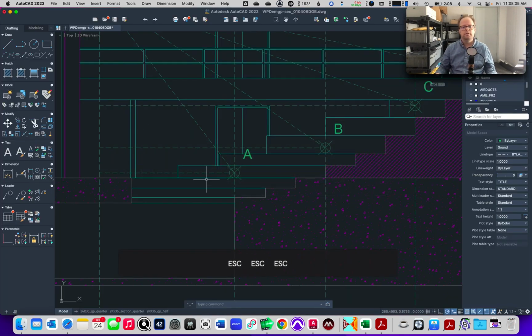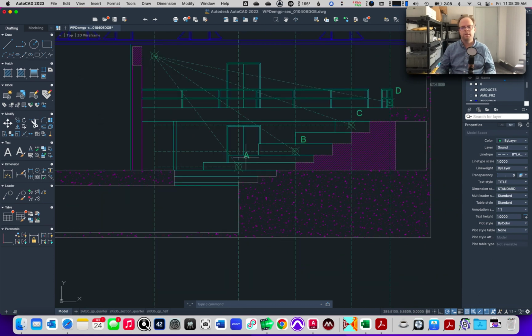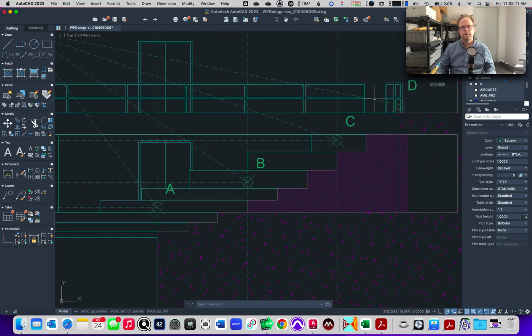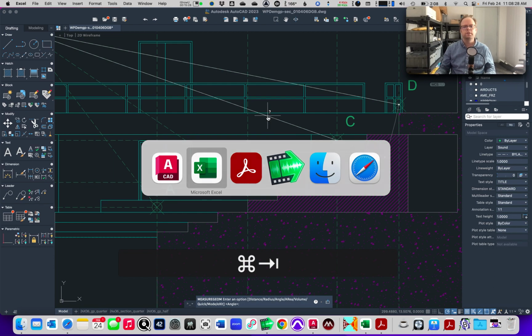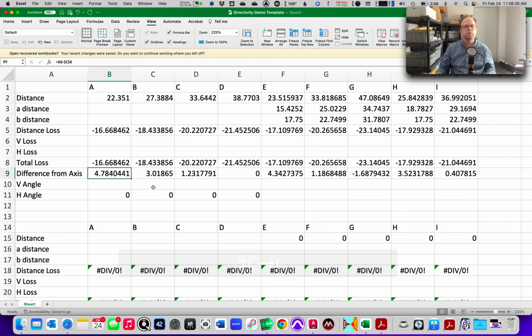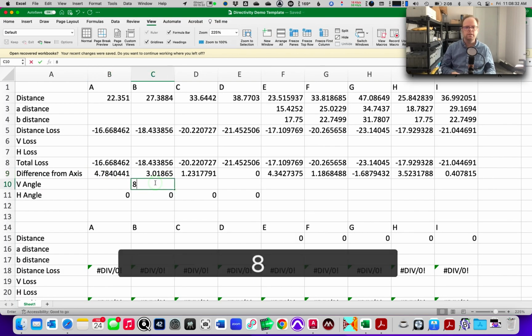So let's plug in some angles now. Let's assume that we are aiming at the back row, which is what professionals tend to do. So I want to measure the angle between seat D and seat C, and that is 8 degrees. So the vertical angle is 8.